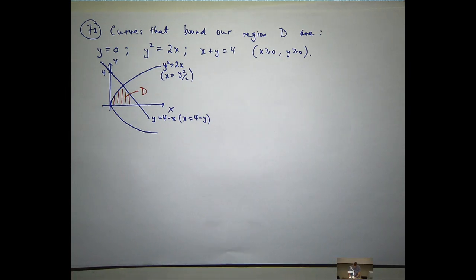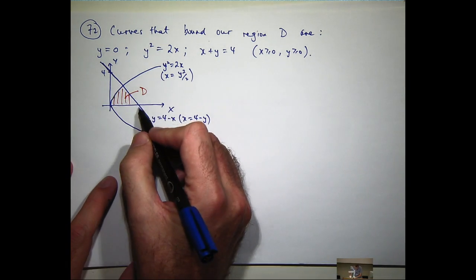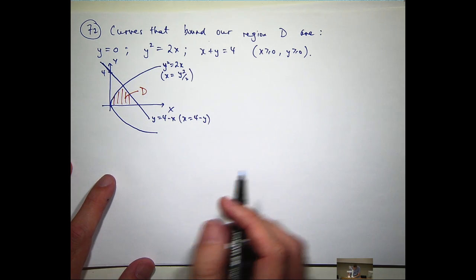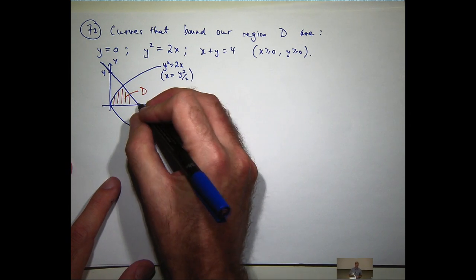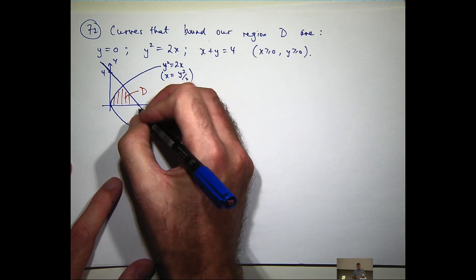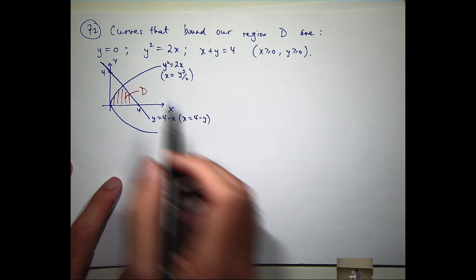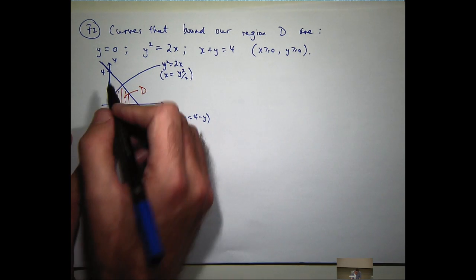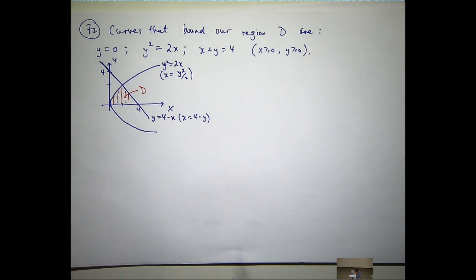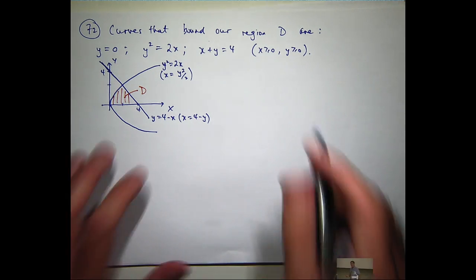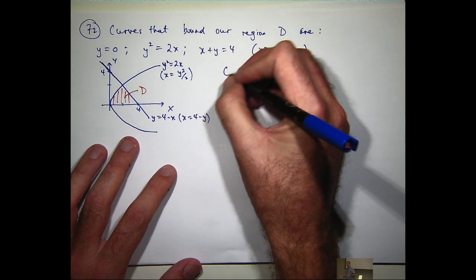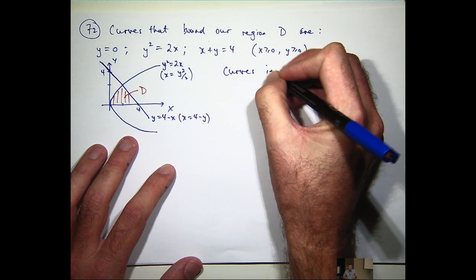So I can find the x-intercept. It's going to be something like 4. And these curves are going to intersect. We're interested in the x and y components, so let's work that out first.